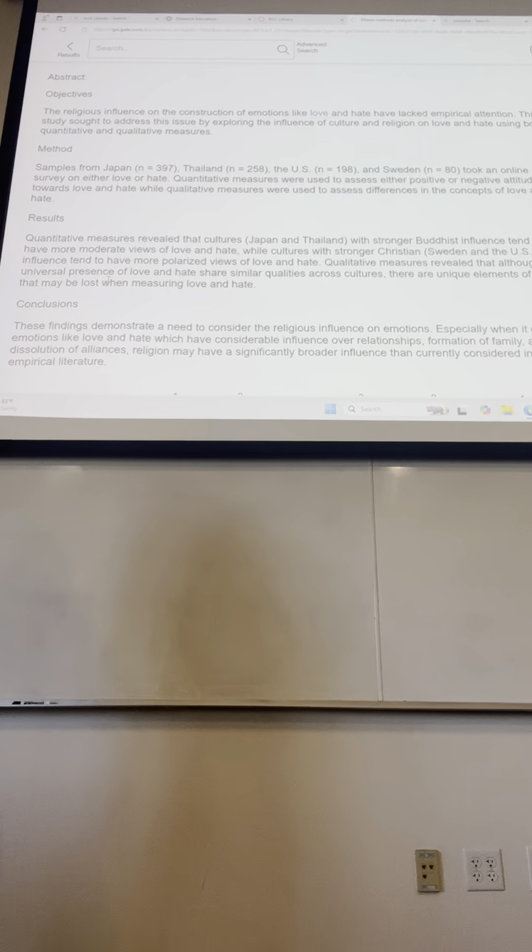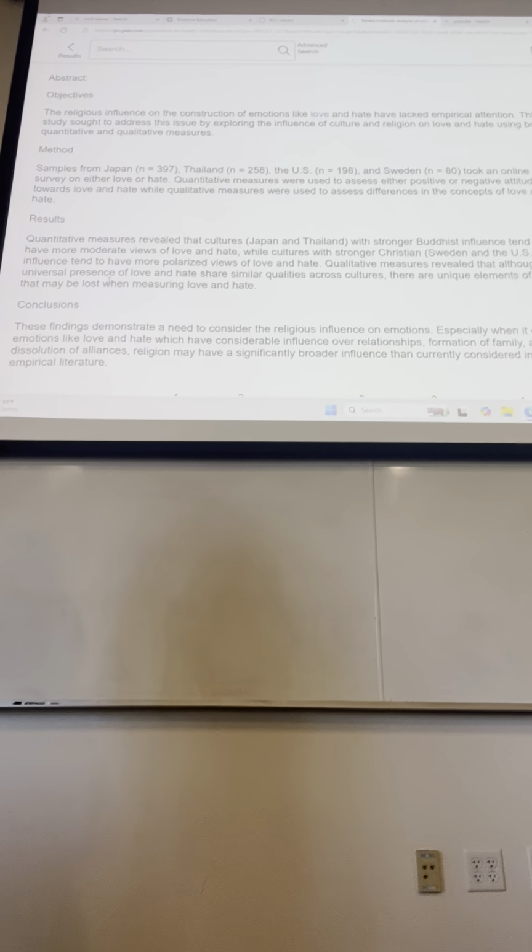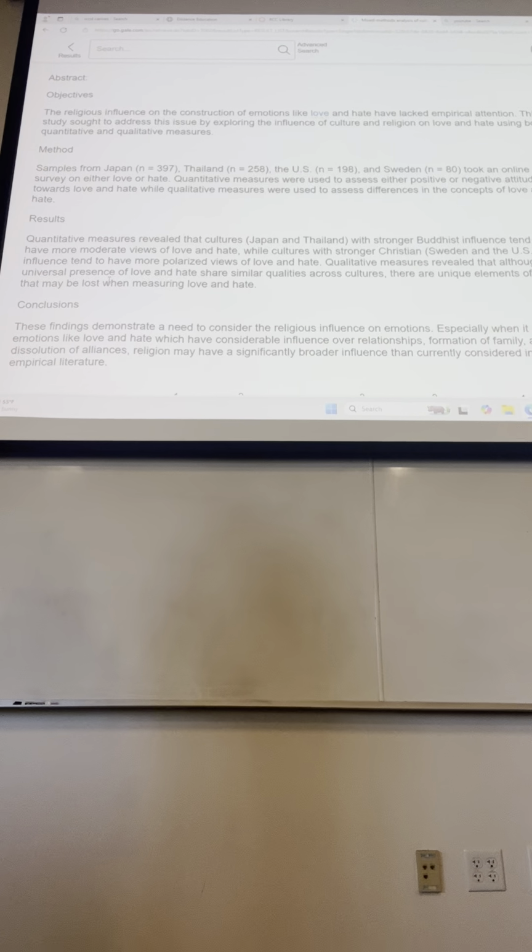I feel like it makes sense because each of the religions are woven into the identity and the structure of the cultures in question. Like, you notice how Japan and Thailand have more moderate views of love and hate, and they have Buddhist influence. It goes deeper than that.